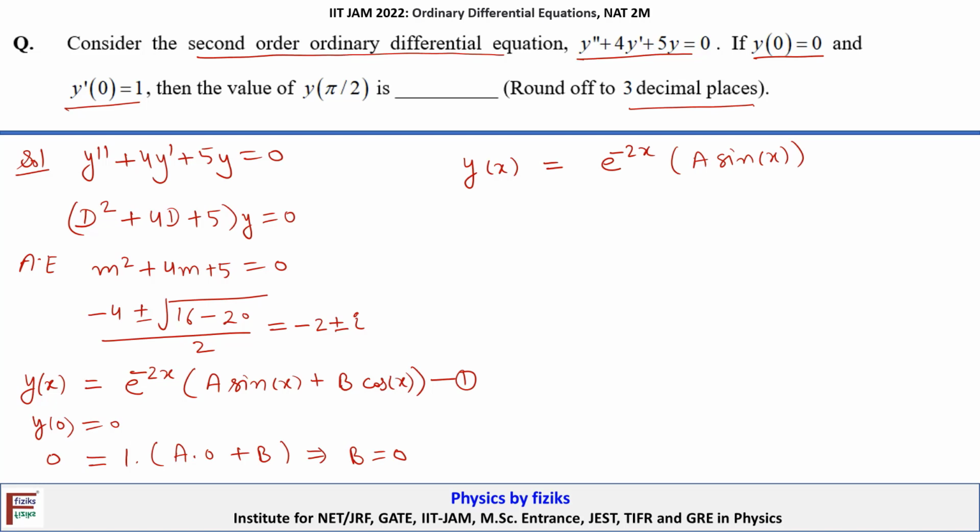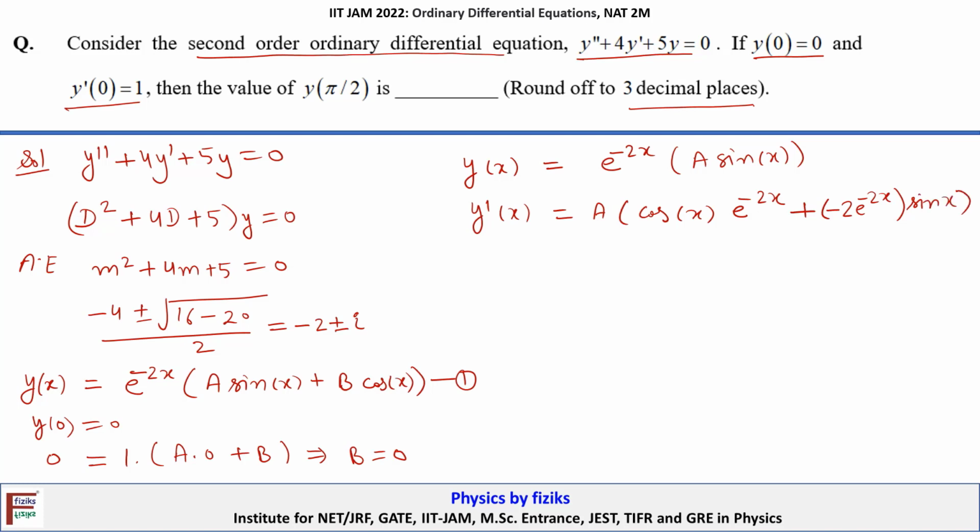Now, taking the differentiation of this solution, y dash x is obtained as a into cos of x into e to the power minus 2x, plus the derivative of e to the power minus 2x, which is minus 2 times e to the power minus 2x, into the sin x as it is.